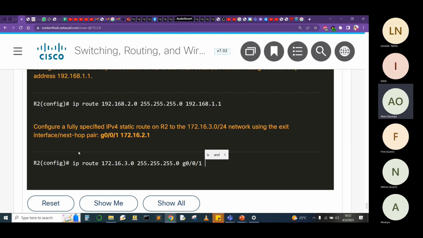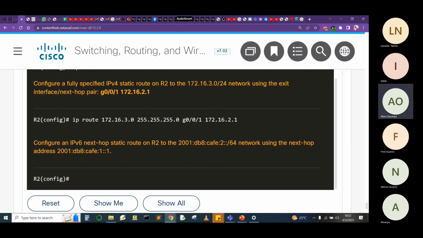Put a space and then put the next hop, which is 172.16.2.1, just like that. And you're good to go. Right? Then we are told to configure an IPv6 next hop static route on R2 to the 2001:db8:acad:2::/64 network. So let's see what that is.